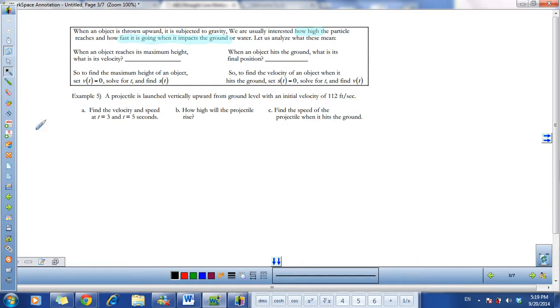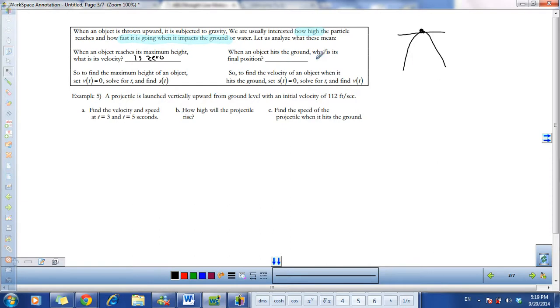When an object reaches its maximum height, what does the velocity do? Yeah, it's 0. So the velocity is 0. Right? Because if we're talking about something that's going to move up and then come back down, you guys know that the tangent line here has a slope of 0 at any maximum or minimum value.